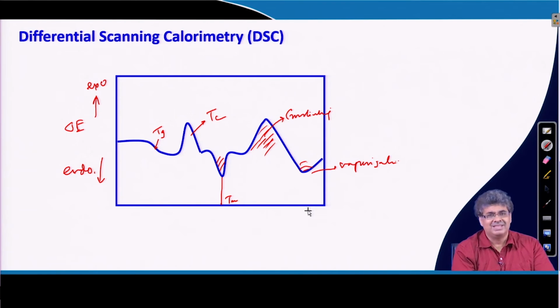So, DSC is mostly used to determine Tg, Tc and Tm, but if the polymer sample undergoes other thermal events like cross linking or vaporization or other reaction, that can also be monitored or probed by DSC, provided those events do not overlap with either Tg, Tm or Tc.